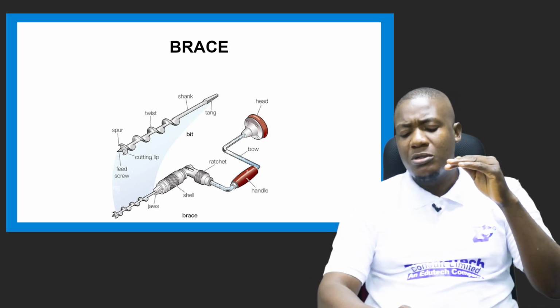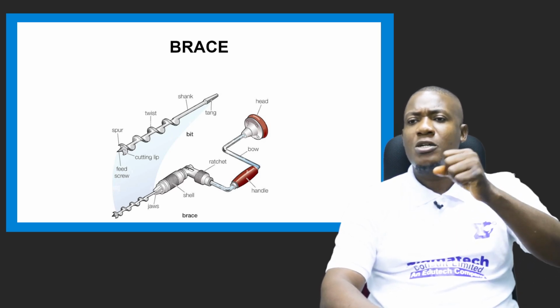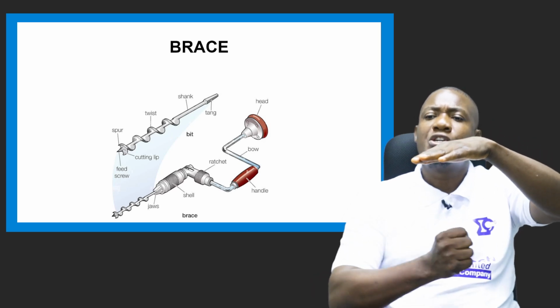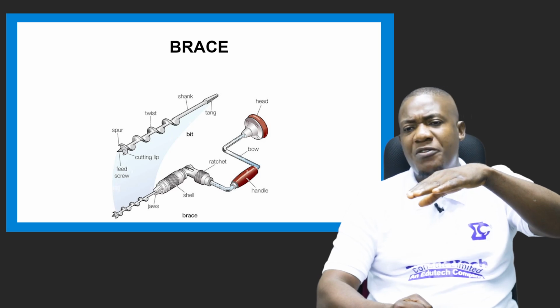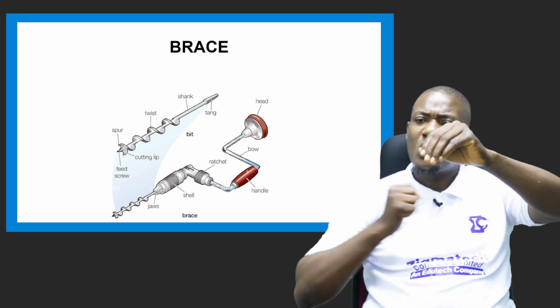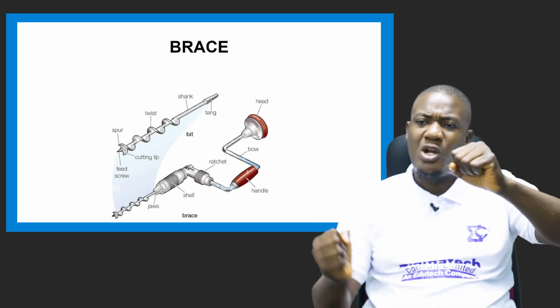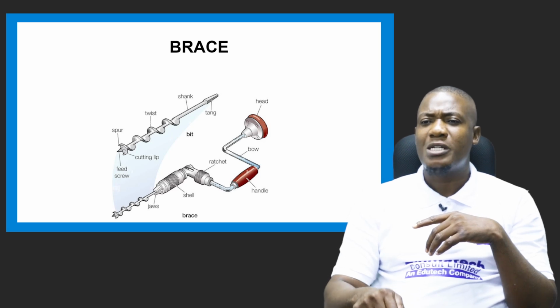So let's say you want to bore a hole on this workpiece, just place your hand like this on the drill and press the spur of the bit on the wood and turn the brace. As you turn it, a hole is made on the woodwork that you are working on.